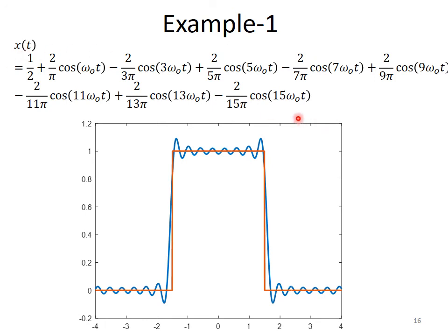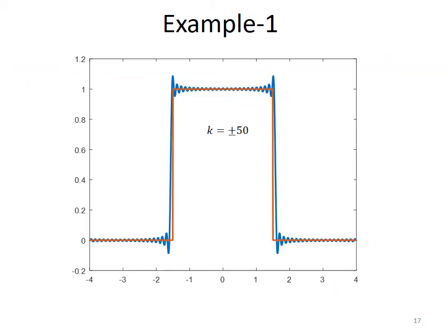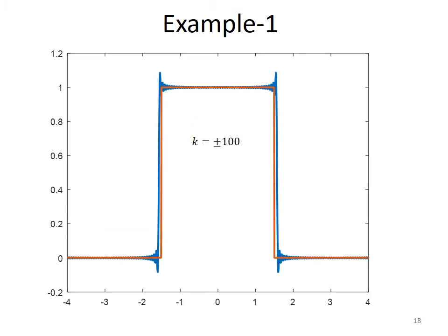Then we have added harmonic components up to 15, and you can see the shape of the approximated waveform is getting closer to the square wave. After adding 50 harmonics, the shape is getting closer still, and after 100 it is pretty much accurate. So in this way, if we add an infinite number of terms, we get exactly the rectangular pulse.